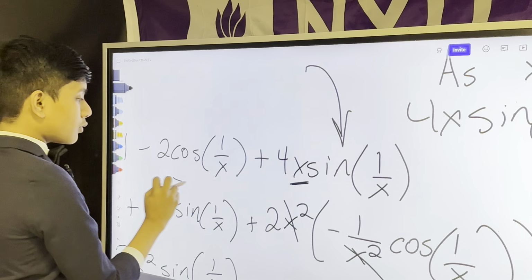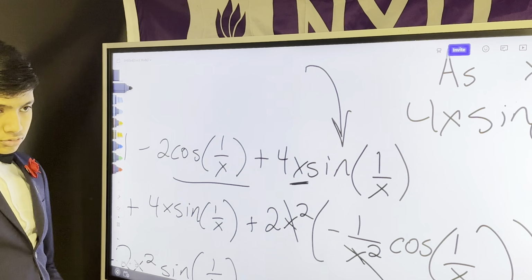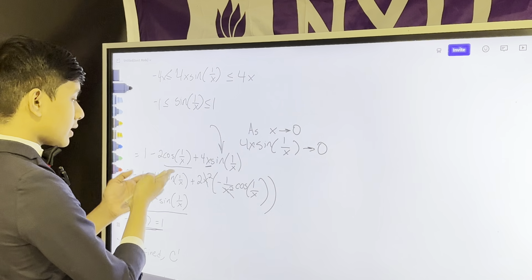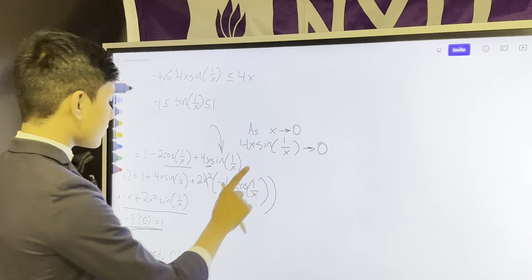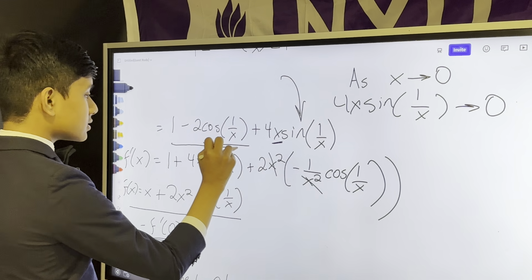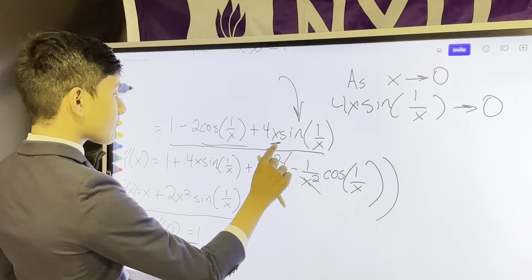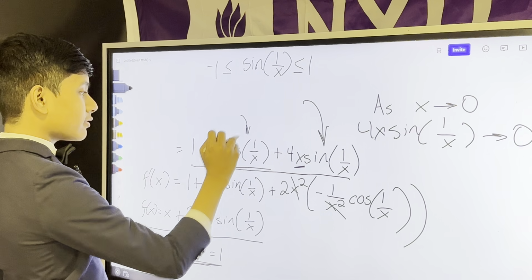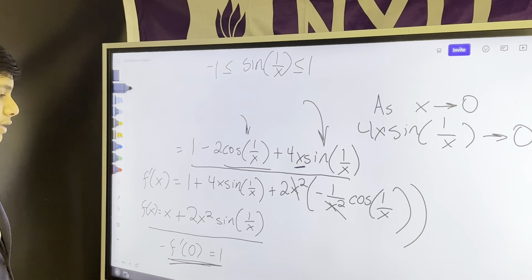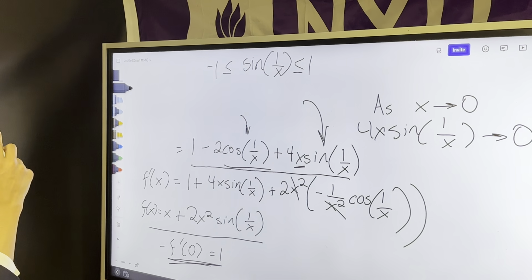Now, the cosine 1 over x is also a little bit tricky until you realize what that's actually going to look like. So, how do we know this is going to approach 1? We have this guy right over here, and that's just a phase shift of sine. So how do we get past this problem?